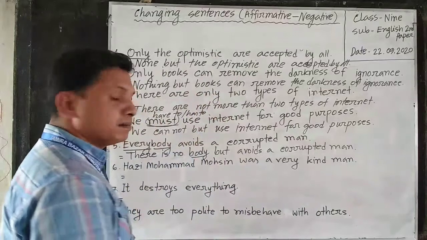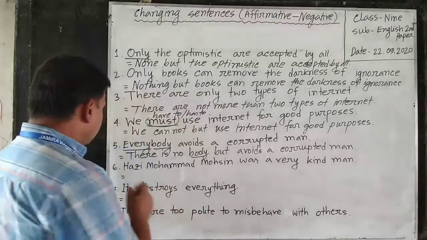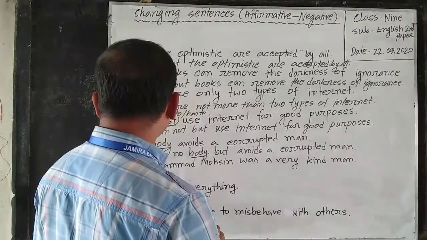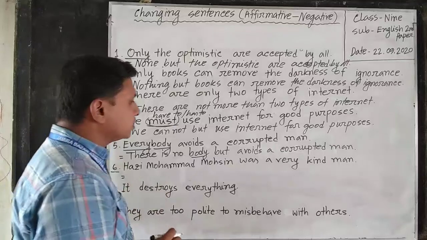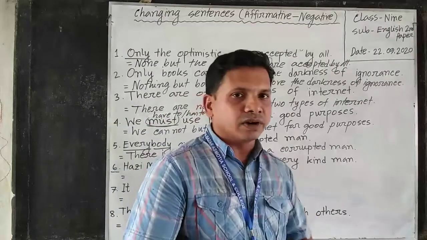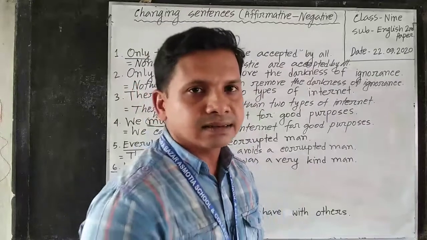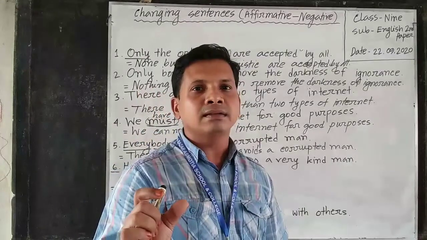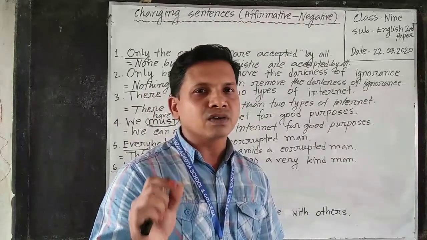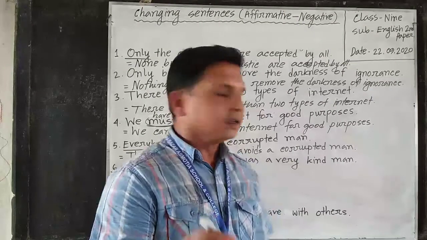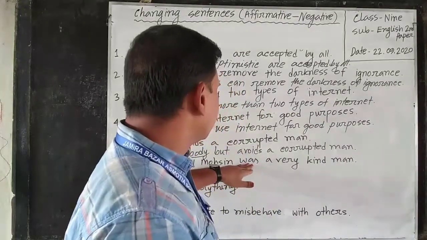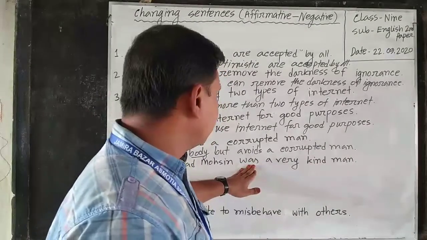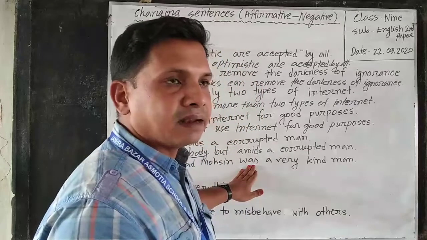Now the number 6. The number 6 sentence is Haji Muhammad Mohsin was a very kind man. Dear students, in this case the sentence has no special symbol like must, only, every, but the sentence contains an auxiliary verb that is used here as a main verb.